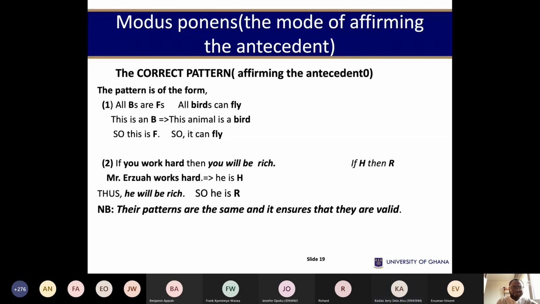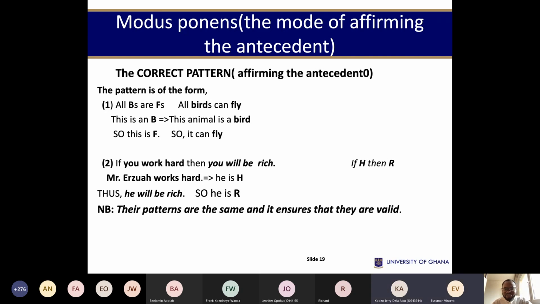So let's look at the first example. All B's are F's. So the first part, B's, is the antecedent.